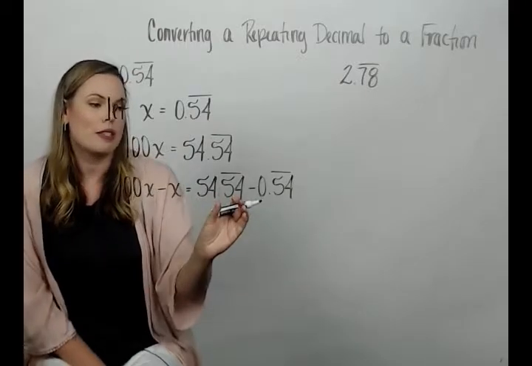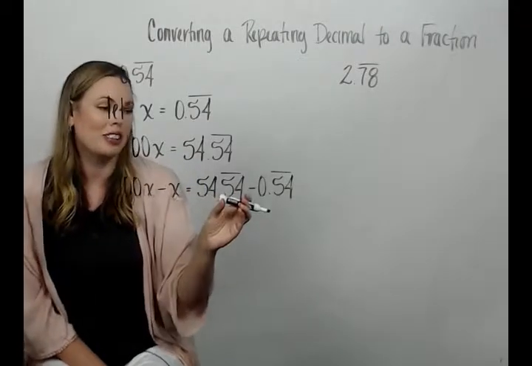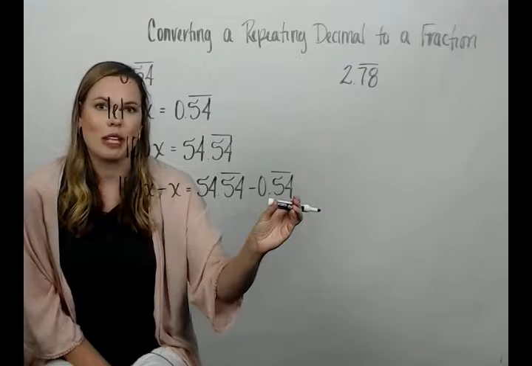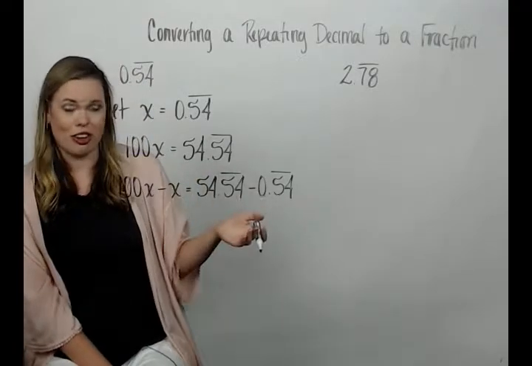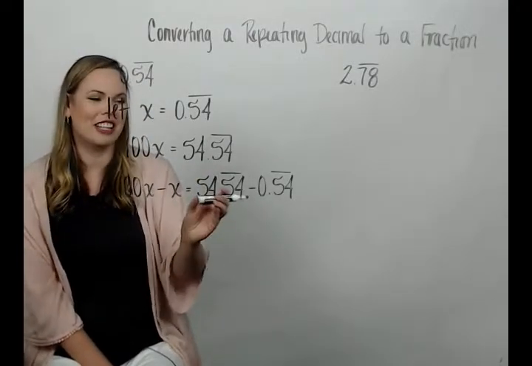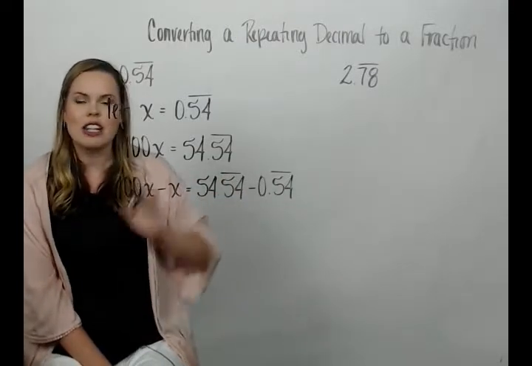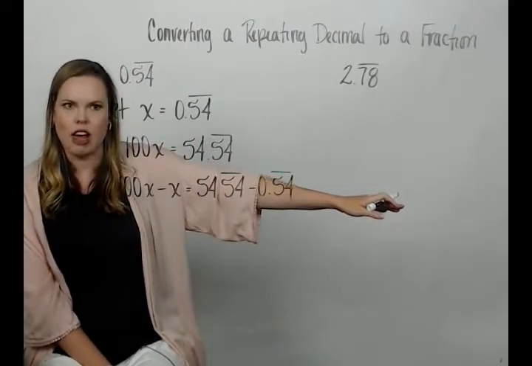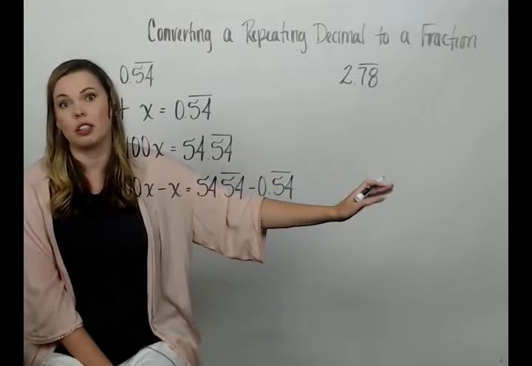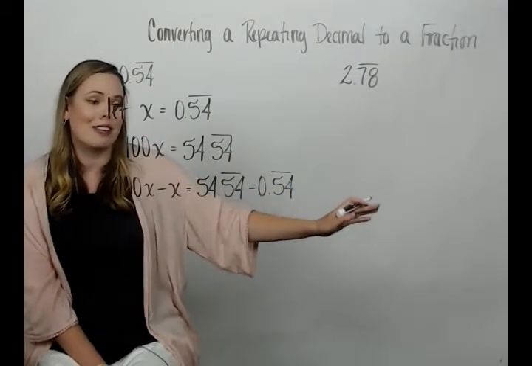Well, I'm going to combine like terms now. This repeats forever, and this repeats forever, and forever is equal to forever. So it doesn't matter that this one was found by taking this one and multiplying by 100. That's way down there at the end of the value that goes on forever. So there is no end. So it doesn't ever happen. You can even see it like that.